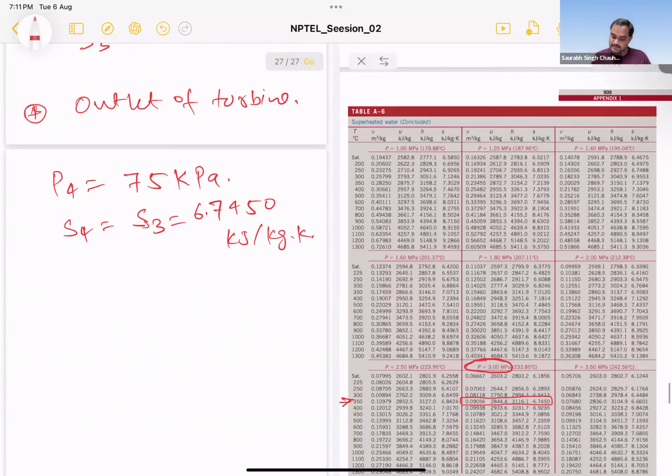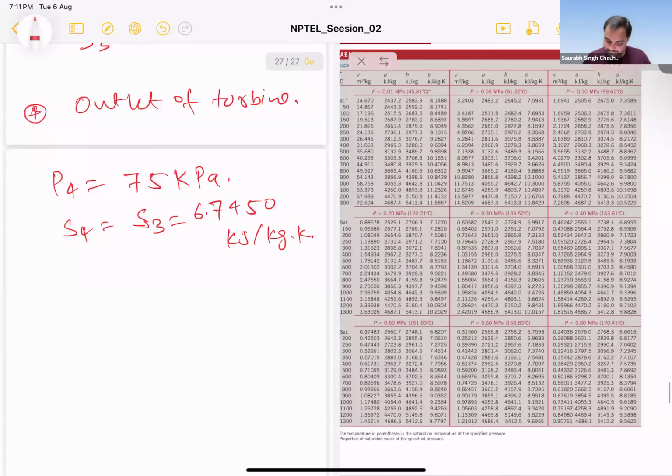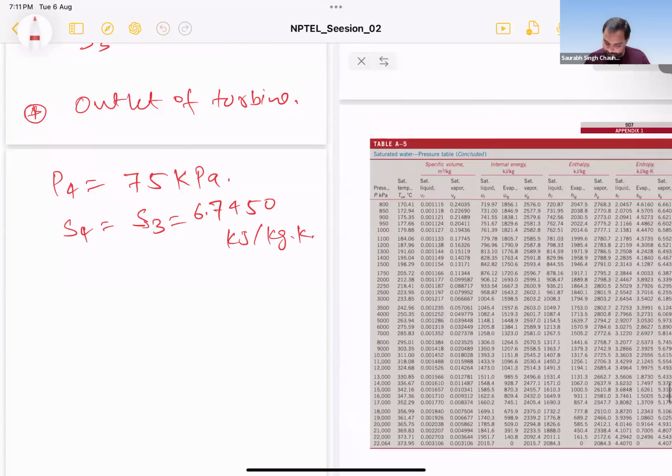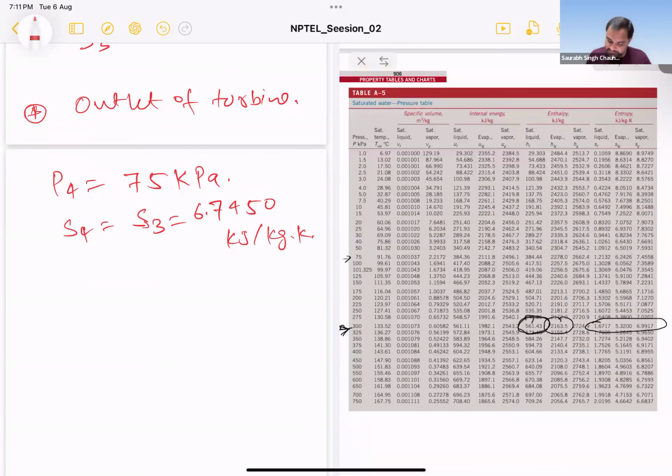Okay, where is the saturation table? So this is the superheated table. This is the saturated table. We have to check at 75. Okay, so these are the values.